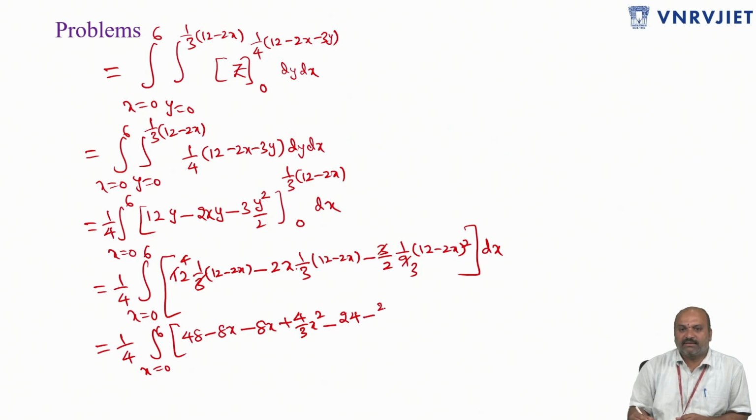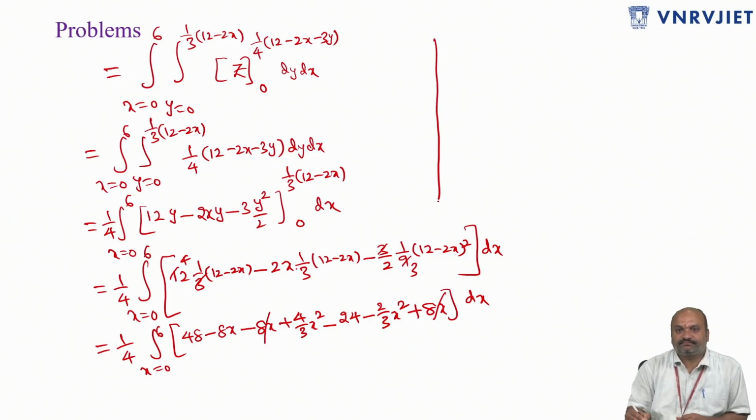So minus 2 by 3 x square. Then 2ab. Minus 2ab into minus becomes plus 2ab. 2 2s are 4, 4 12s are 48, 48 divided by 6, so 8. So 8x into dx. Plus 8x and minus 8x get cancelled.